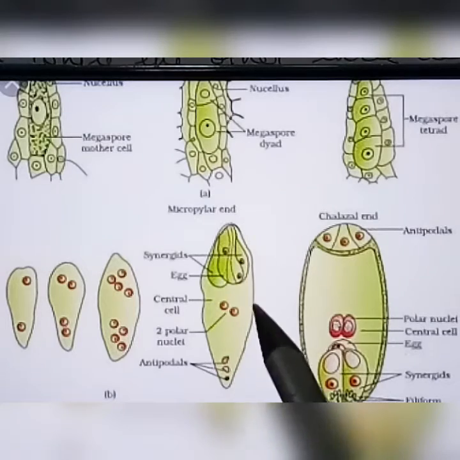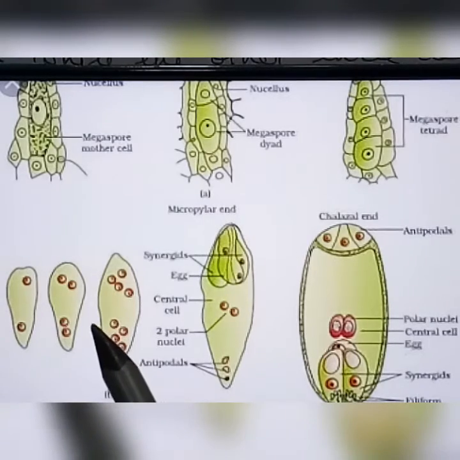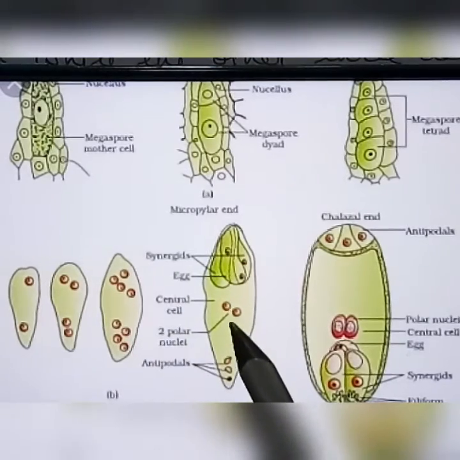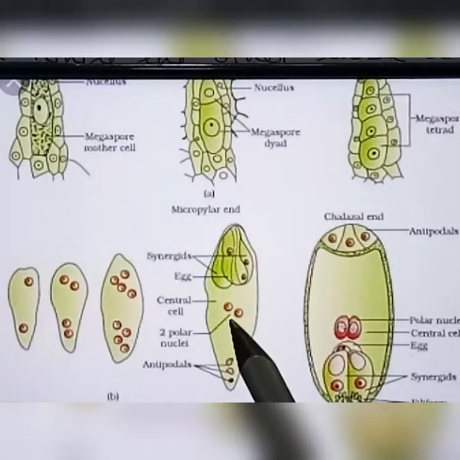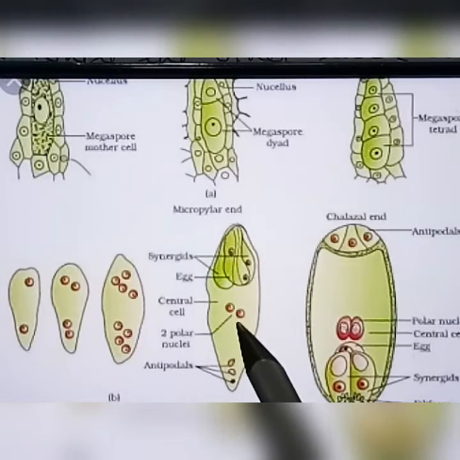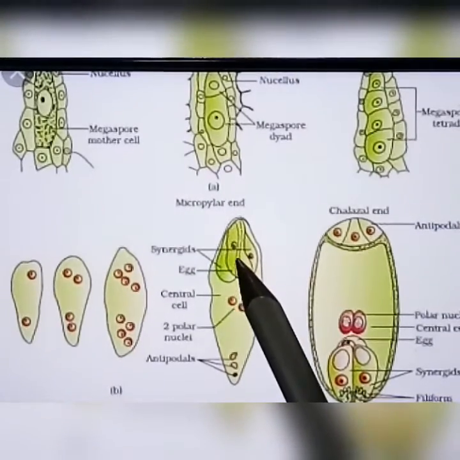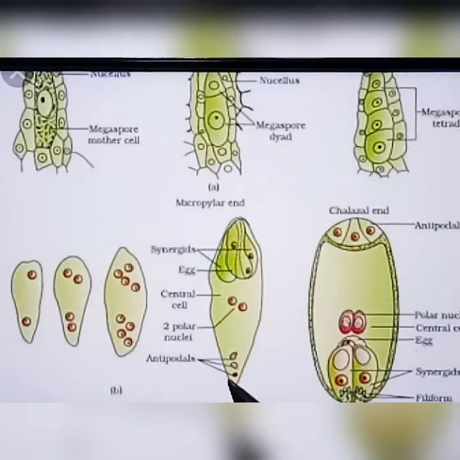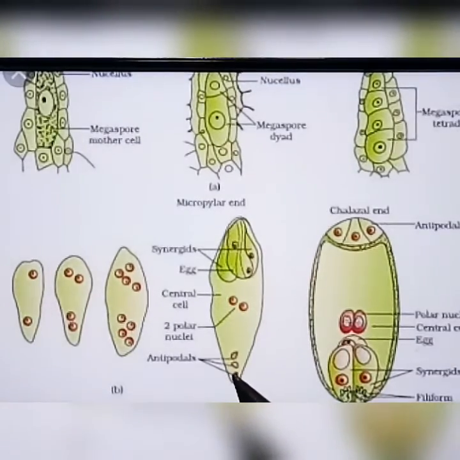Then at each pole, one nucleus moves toward the center of the embryo sac, whereas at each pole of the embryo sac three nuclei remain.